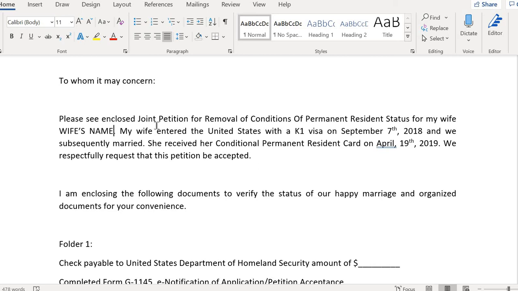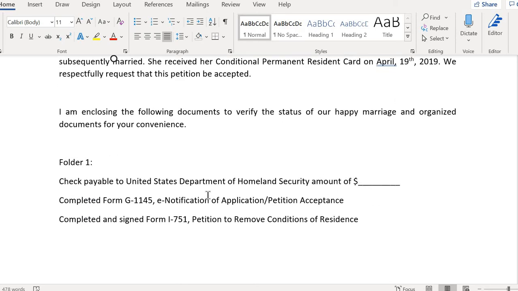So what we will write here is actually, my wife and her son entered the United States with the K1 visa, and we subsequently married. I will include my son definitely. So we'll write, she and her son received conditional permanent resident cards, and we respectfully request that this petition be accepted.